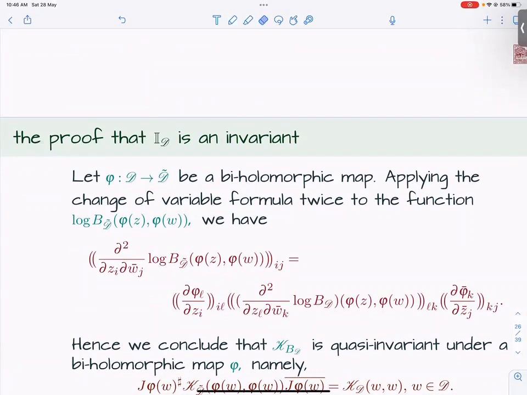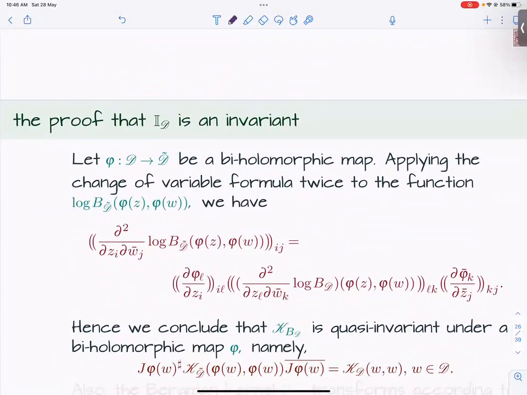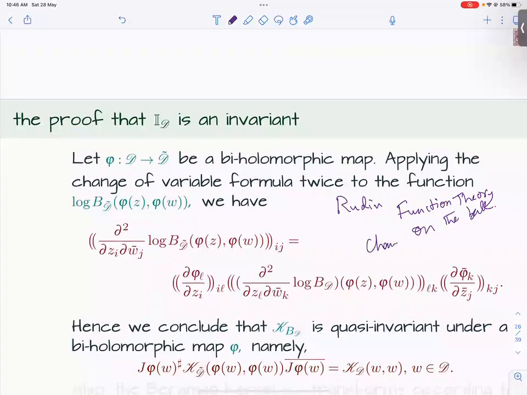Now we come to what I promised, namely the change of variable formula for the curvature. If you look at Rudin, Function Theory on the Ball, you will find he has written down a change of variable formula for holomorphic functions in so many variables.